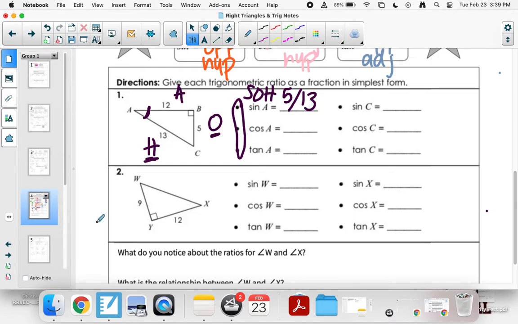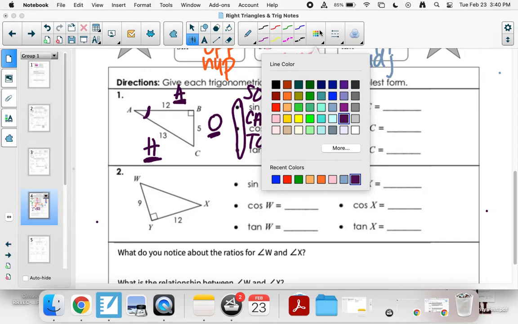The cosine is adjacent over hypotenuse, 12 over 13. Tangent, TOA, O has to go first. The opposite is 5, over our adjacent, 12. Okay, so that's all from A's point of view.